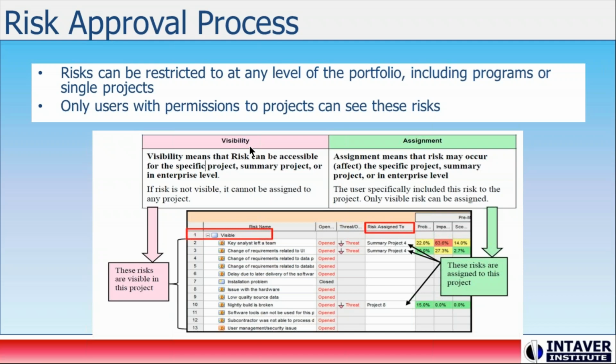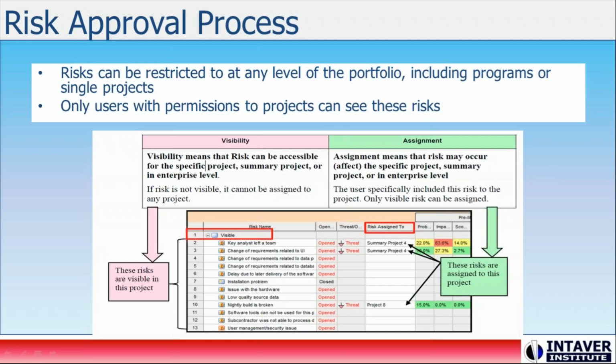Alternatively, there could be risks that are not project risks, but we do want to manage them, and we could manage them at the enterprise level or at a program level. A lot of times these are going to be things that could be political or reputational risks.